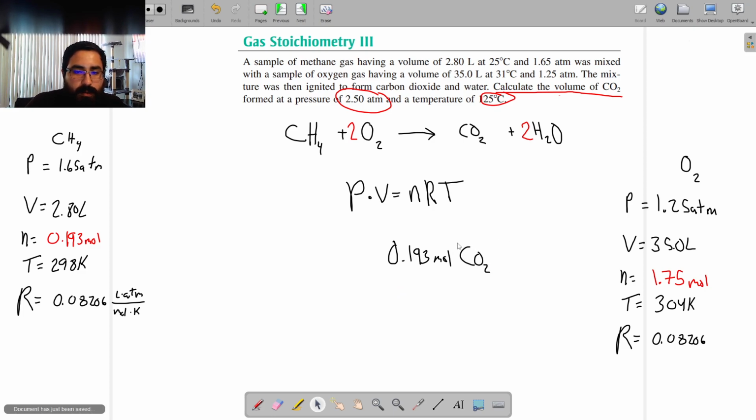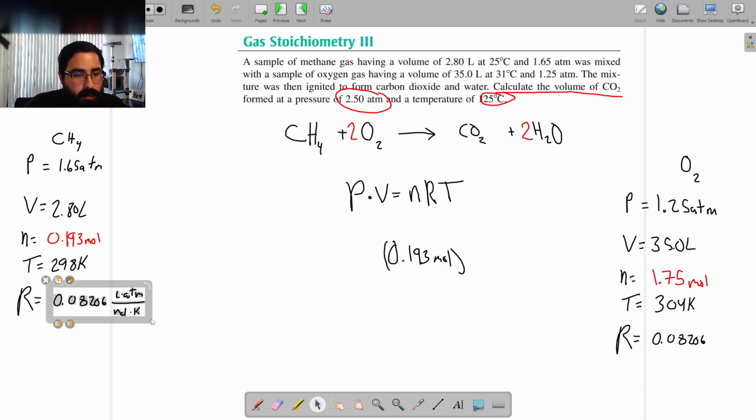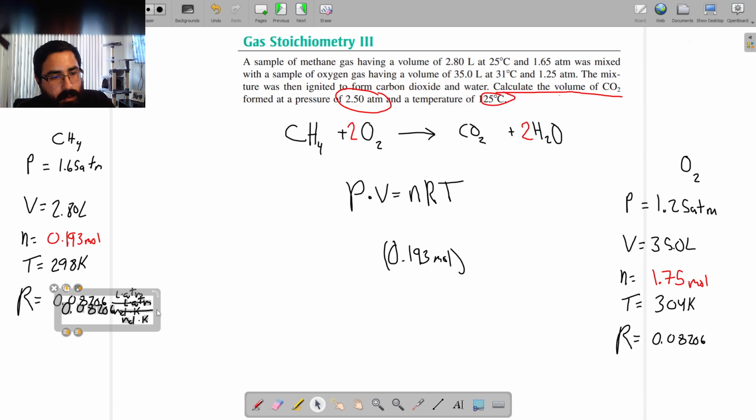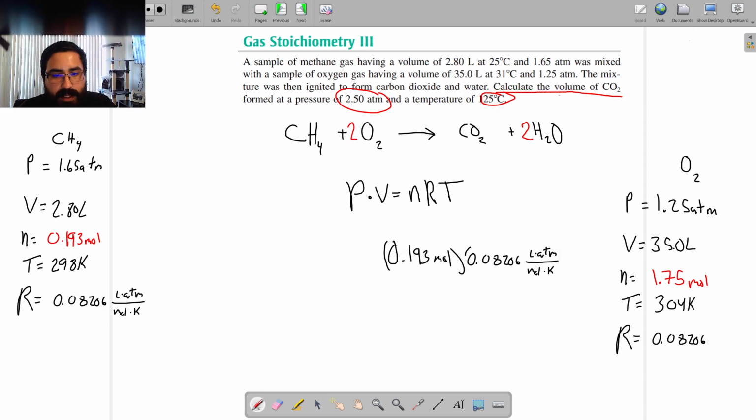We got R. And then we have the temperature, and the temperature is 125. So we got the pressure and the temperature.